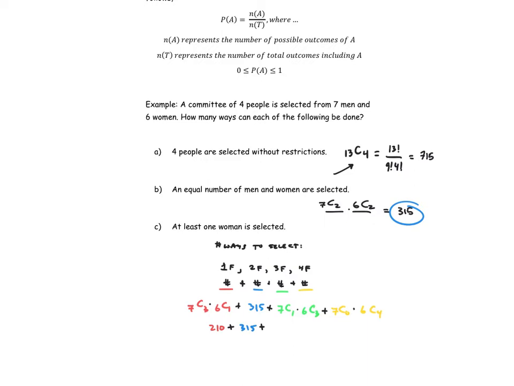Okay, so our green answer here comes out to be 140, so that's 7 times 20. 6C3 is 20, plus 7C0. 7C0 is 1 times 6 choose 4, which is 15. So the total number of ways to select at least 1 woman is 680 ways.